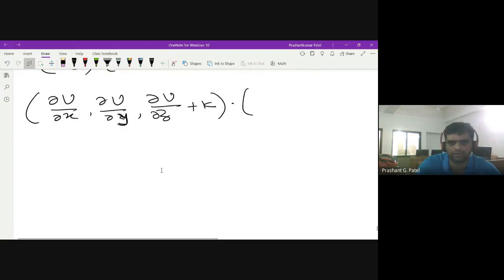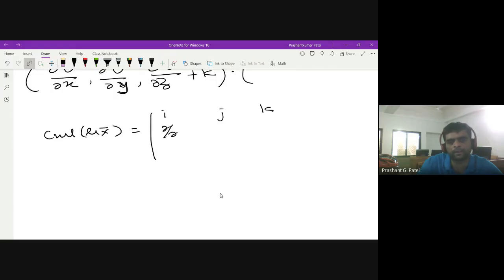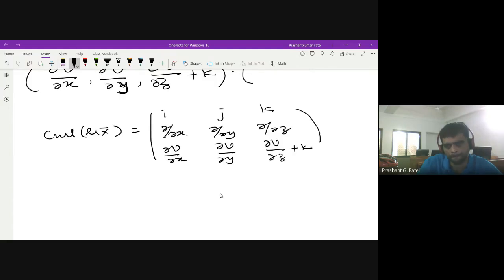Let us calculate that first, and then we will come to this. So curl of mu X bar is the determinant with i, j, k, del by del x, del by del y, del by del z, and the entries of mu X bar: del u by del x, del u by del y, del u by del z plus K. So this is, I should write a straight line.